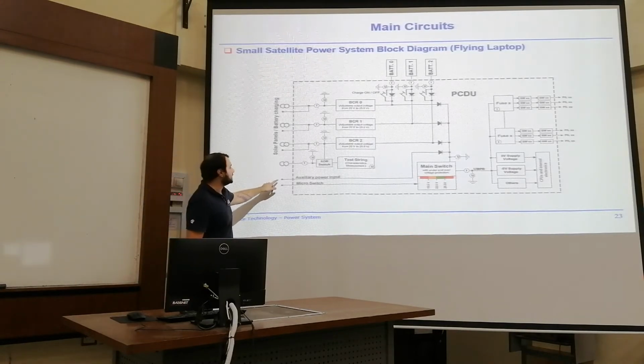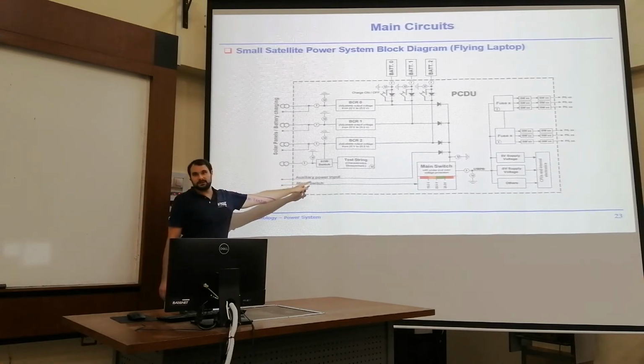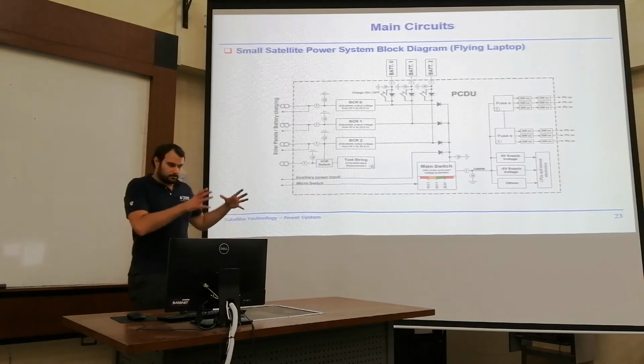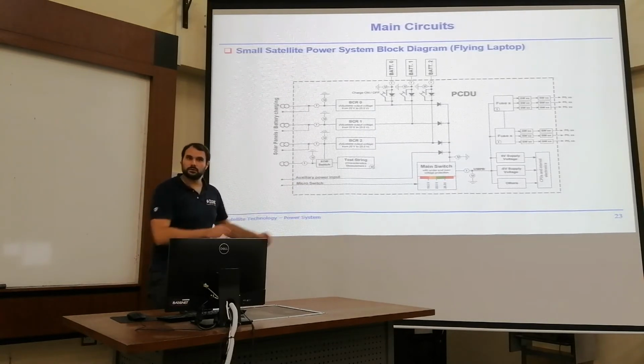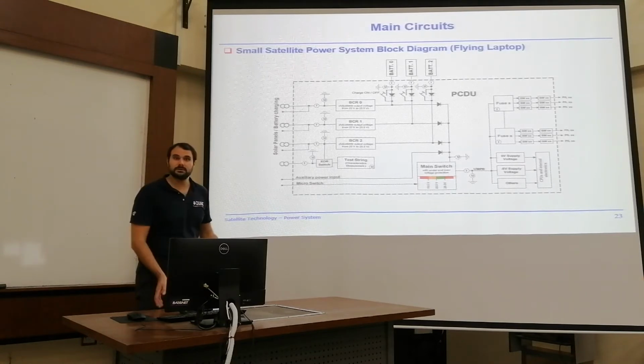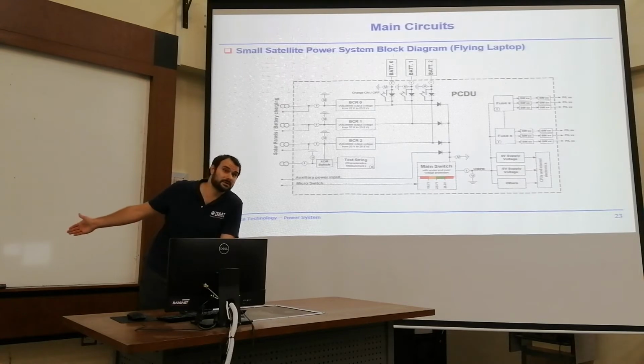But you can also use the auxiliary power unit for ground testing. Because imagine, you have a satellite in the clean room. How do you get your power? How do you charge the batteries of the satellite? We talked about the depth of discharge. You don't want to discharge your batteries so badly, even when it's just stored and not in space.